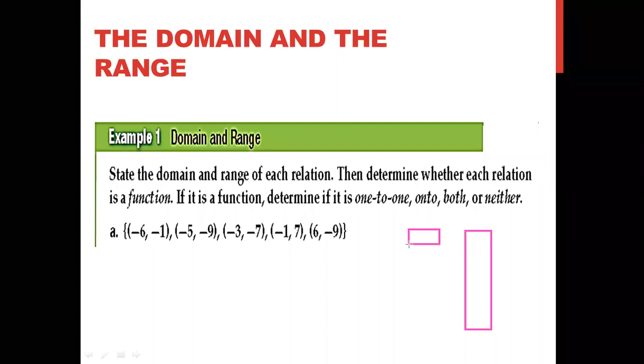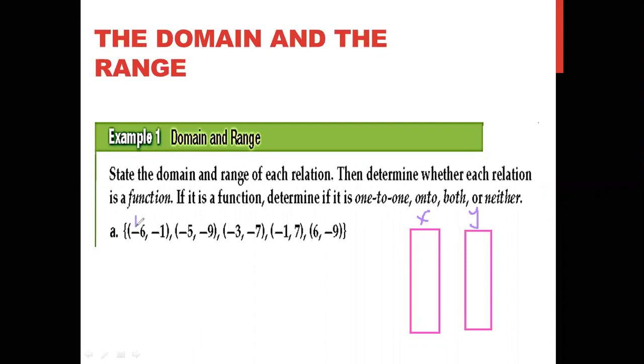Yes, an arrow diagram: one box for the elements of x, the set of x, sorry, and the other one for the set of y. I'm sorry, I don't have a device that I can use my pen to write on. I'm using my laptop. I will write the elements of x and the elements of y from the ordered pairs.